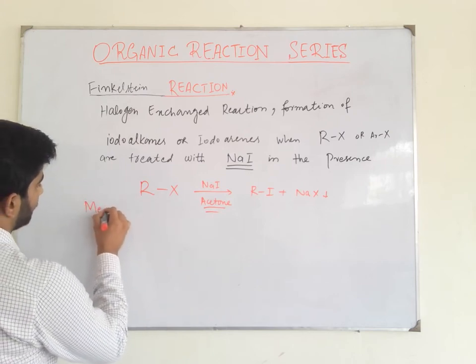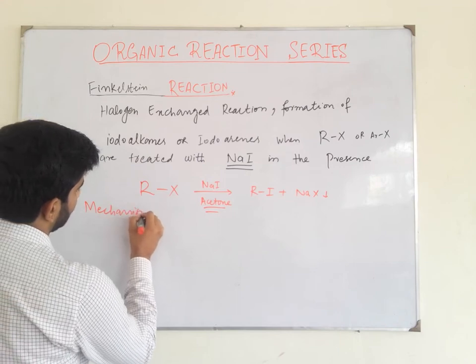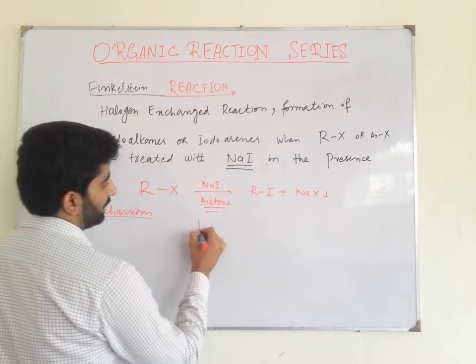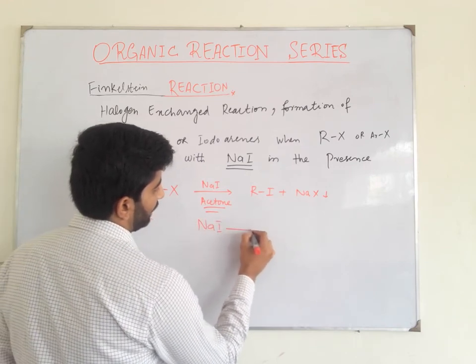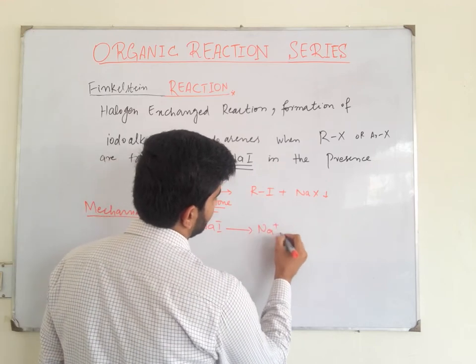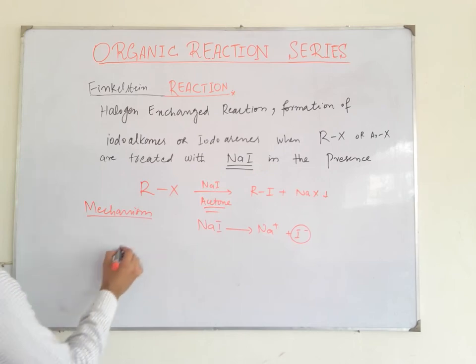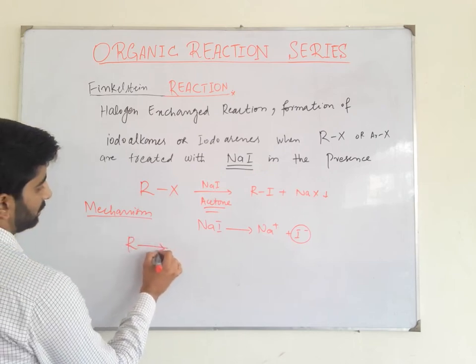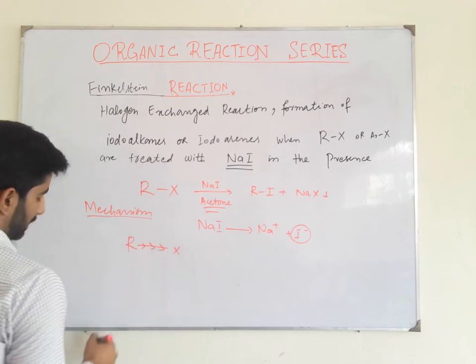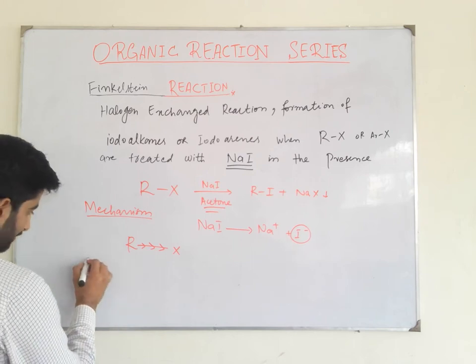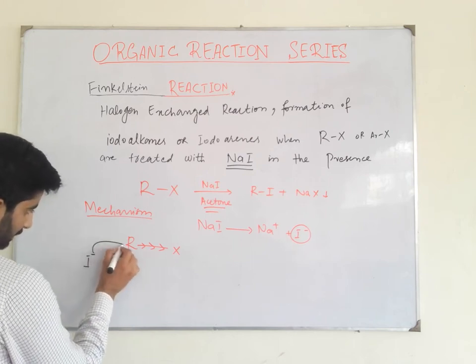Mechanism of this reaction. We have sodium iodide. Sodium iodide gives sodium ions and iodide ions. This iodide ion acts as a nucleophile. It attacks from the back side of the leaving group.